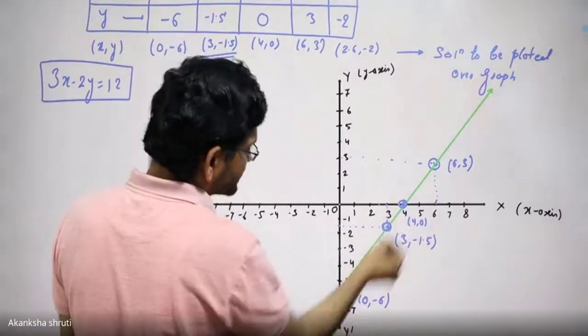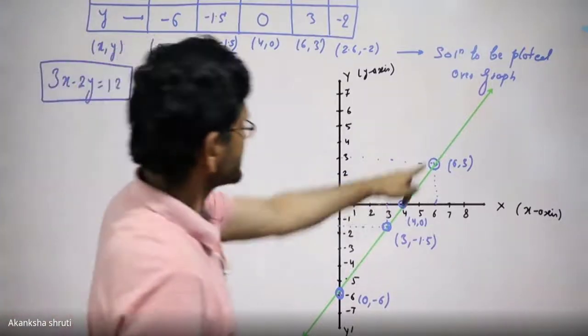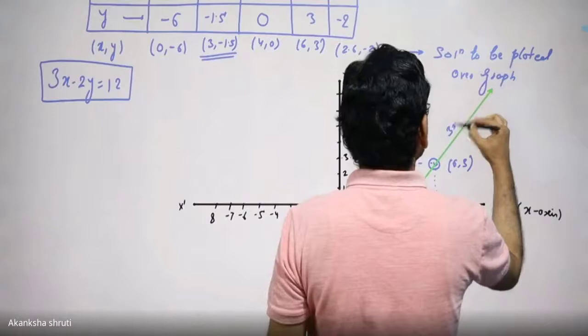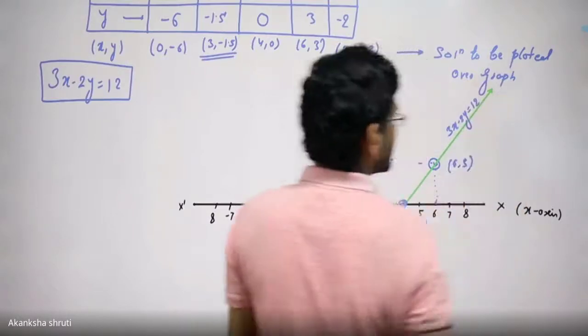When these points are plotted and joined, we get this straight line. So this straight line is a graphical representation of 3x minus 2y equals 12.